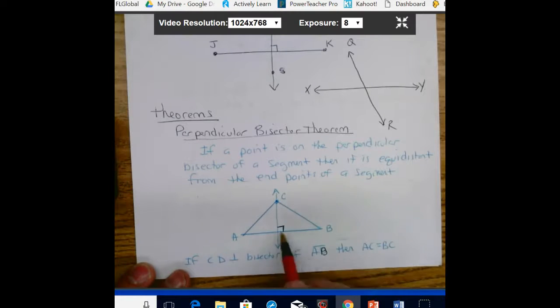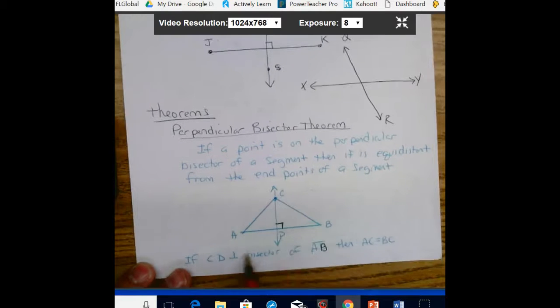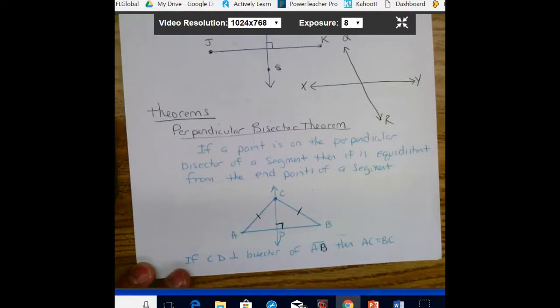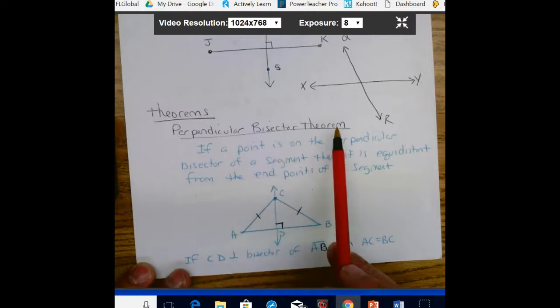Then, if that's true, that means AC equals BC. So this equals that. We also know that AD equals BD as well. We can say that as well. So this is the perpendicular bisector theorem.